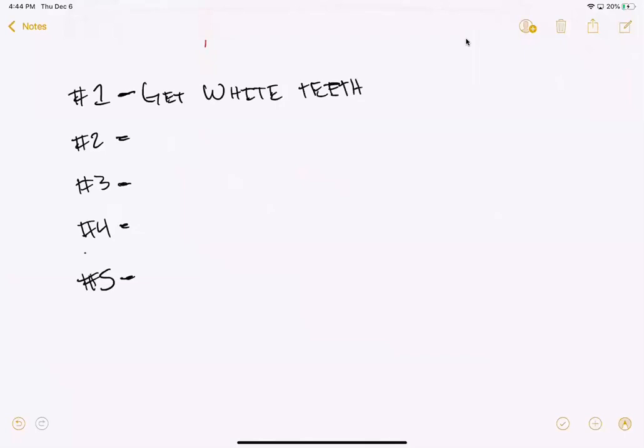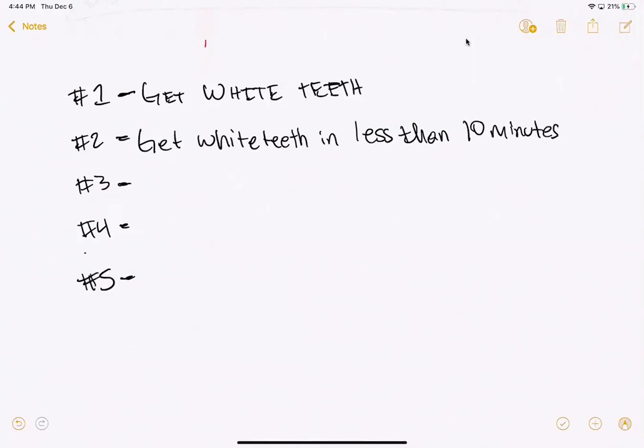And then stage 2 would be get white teeth in less than 10 minutes, which you've recently seen. Snow teeth whitening used to do that. Hi Smile Teeth used to do that.